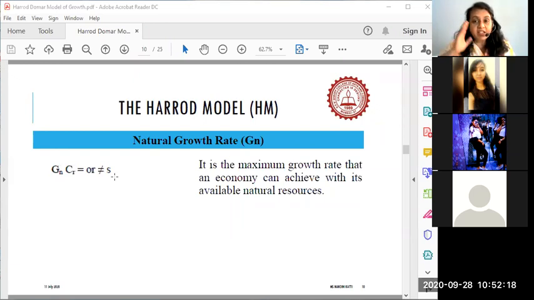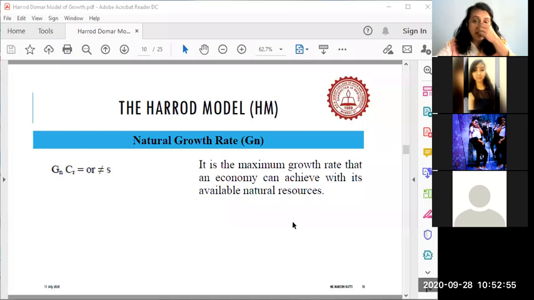If CR is not equal to S, then to achieve the natural rate of growth, the economy must try to bring S equal to I, or I equal to S. Only then will the economy achieve maximum growth rate, with the help of all its available natural resources, including the factors of production.